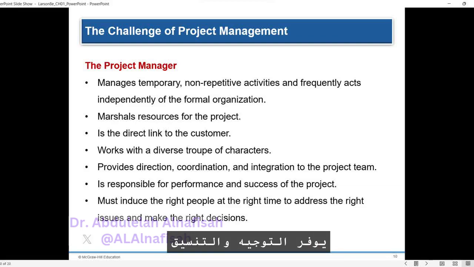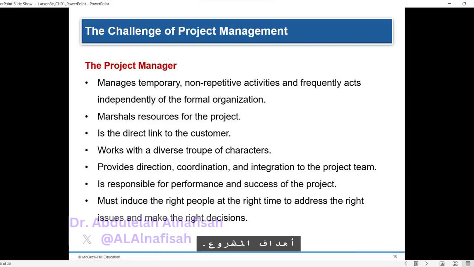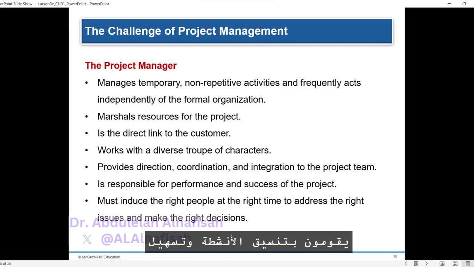Provides direction, coordination, and integration to the project team. Project managers establish clear objectives, define roles and responsibilities, and ensure that all team members are aligned towards achieving project goals. They coordinate activities, facilitate communication, and integrate diverse contributions into a cohesive whole.